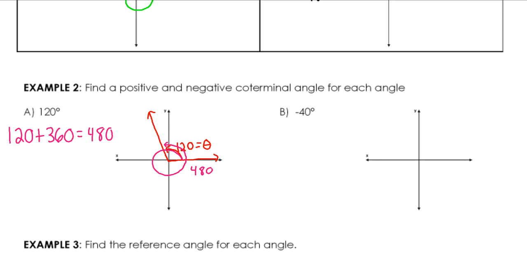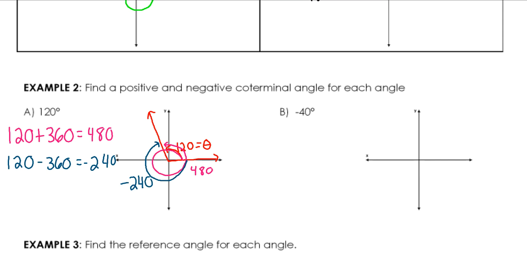And then if I want to find a negative version of that, I would take my initial theta and I would subtract 360. So 120 minus 360 is negative 240 degrees. So I go clockwise and end at the same spot. So that angle going in the clockwise direction would be negative 240 degrees.